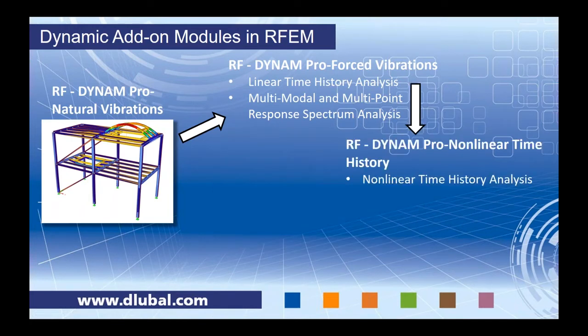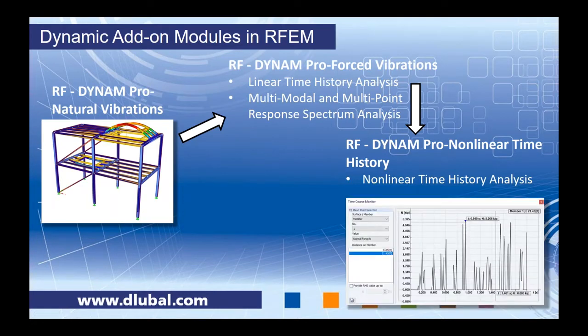Now, we've recently added RF-DYNAM Pro Nonlinear Time History. So this is a module extension. You do have to have DYNAM Pro Force Vibrations in order to add on this module extension, which provides nonlinear time history analysis. So now if we take a look at that exact same time course monitor for the same tension-only member, we now see a little bit of a difference here.